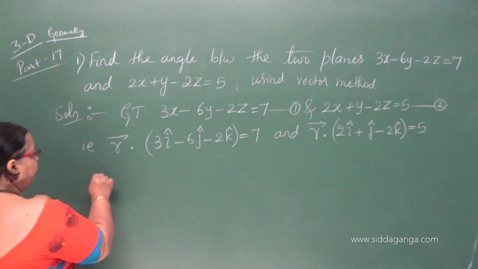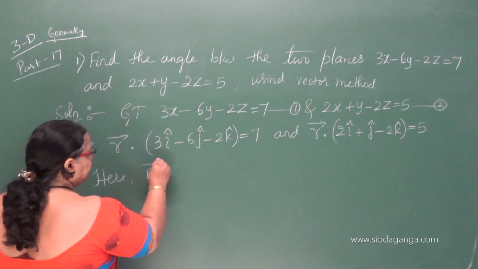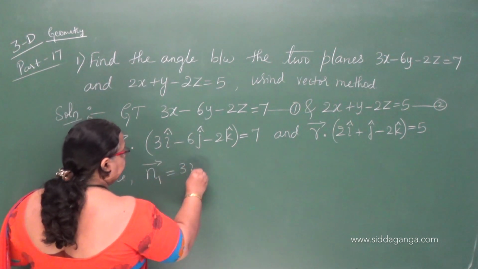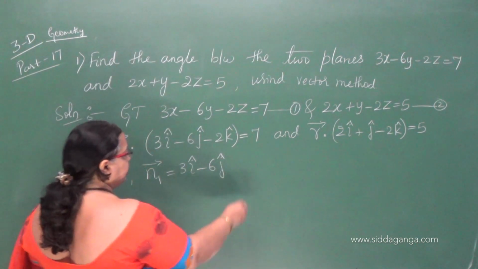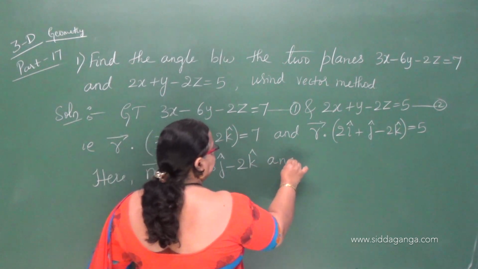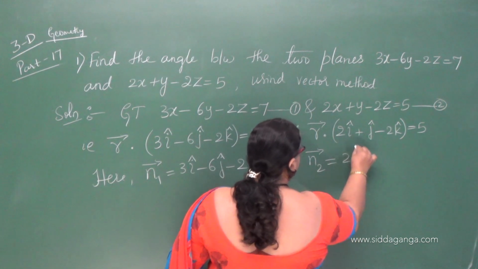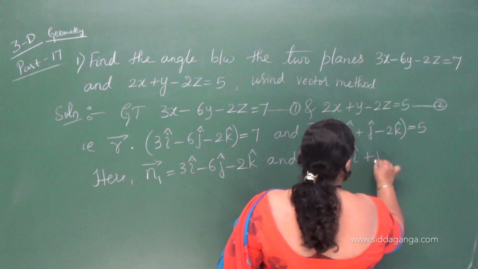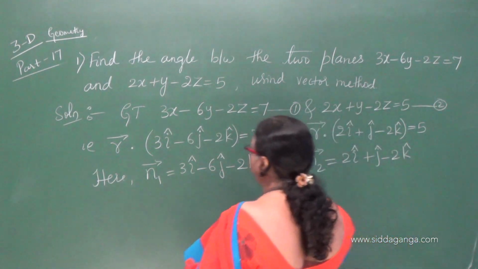So now here vector n1 equal to 3 into i cap minus 6 into j cap minus 2 into k cap, and vector n2 is equal to 2 into i cap plus j cap minus 2 into k cap.